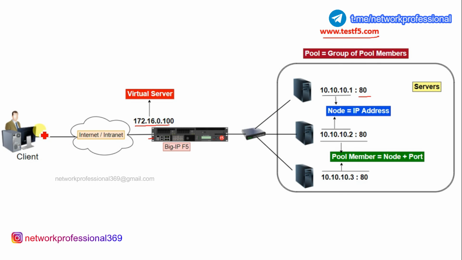As per the client, he may not be aware of the exact original application servers behind the F5. As per the client, testfi.com is 172.16.0.100. But actually, it is a proxy of the original application server behind the F5. Okay, so this is what a virtual server means.